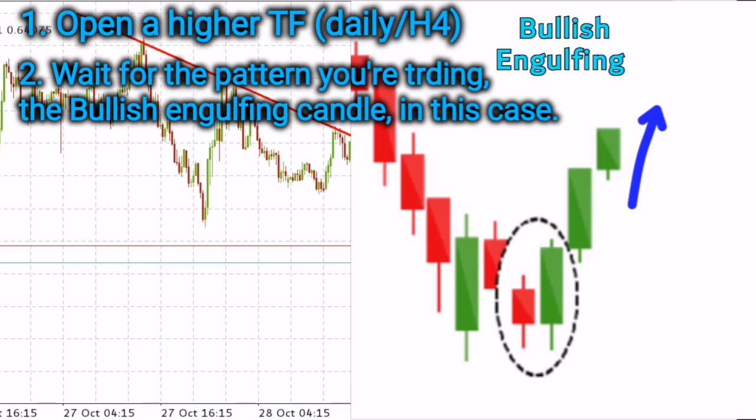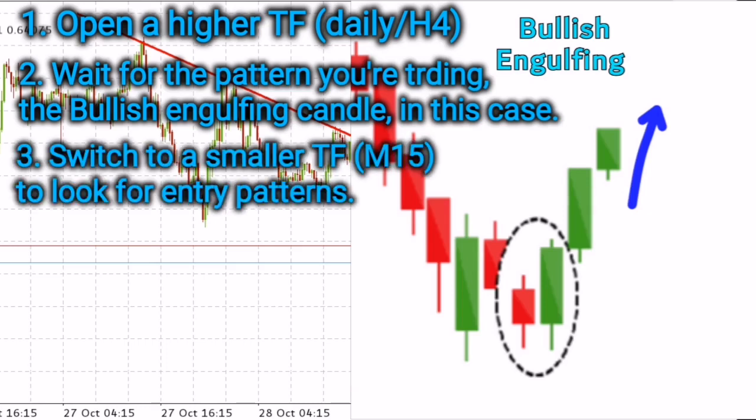especially on an uptrend, so that you increase your winning chances. You look for an uptrend, and then on the uptrend you wait for a bullish engulfing candle, and then once you see the bullish engulfing candle, you switch to a smaller time frame like M15, the 15-minute time frame, and then you look for entry patterns on the smaller time frame.